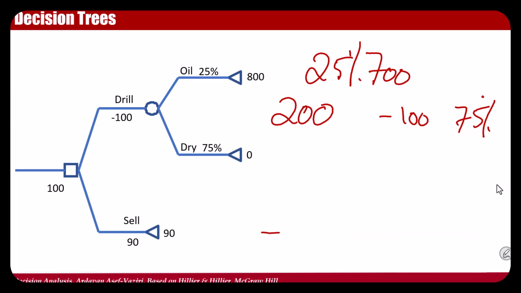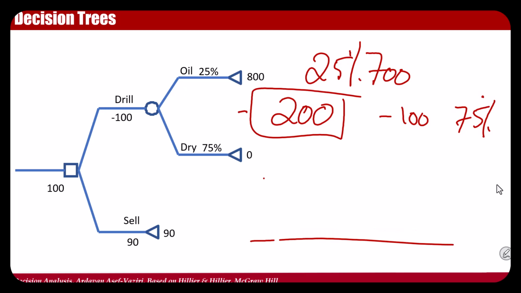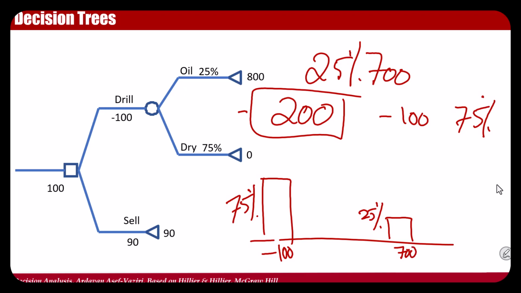While on average, expected value of what you get is $200,000, there is 75% probability that you lose $100,000, and there is 25% probability that you get $700,000.